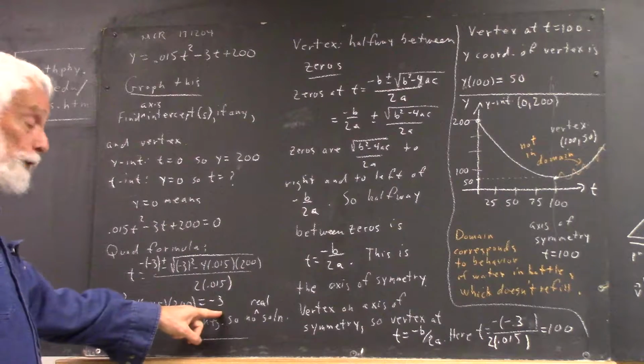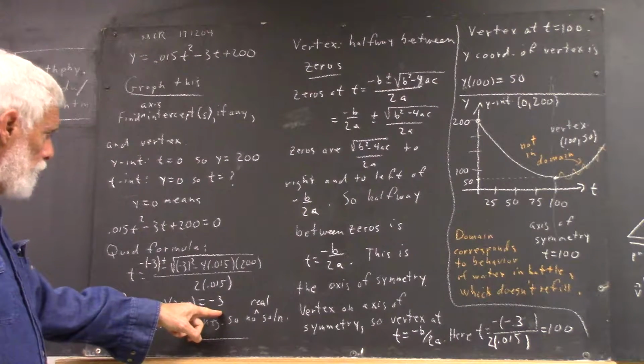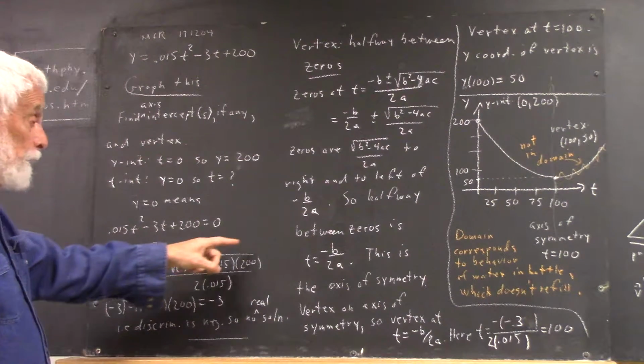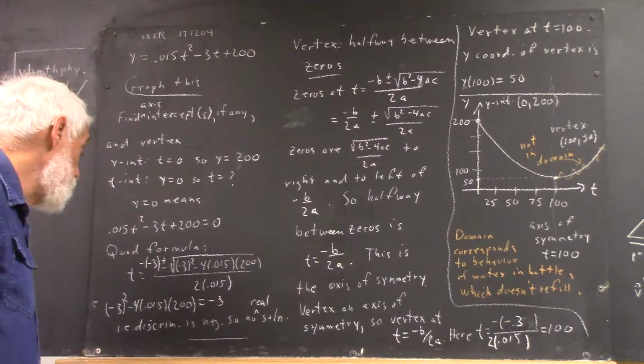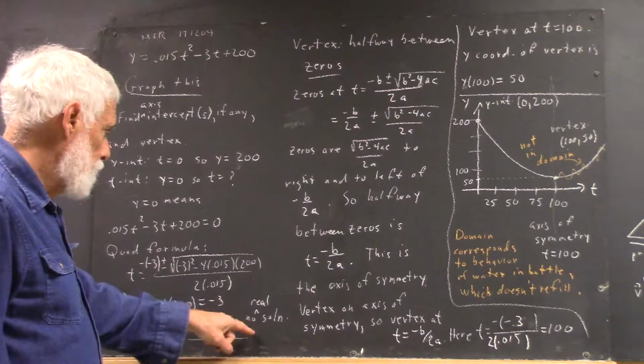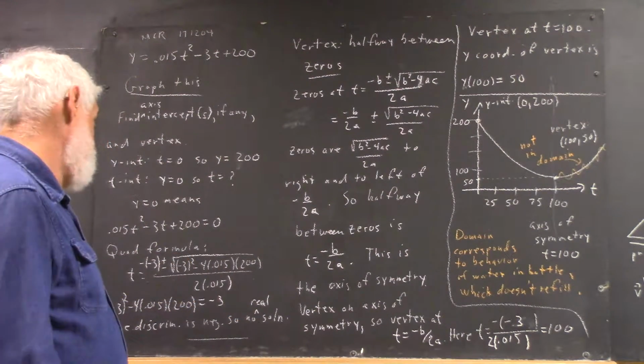This discriminant turns out to be negative, which means we don't have any real valued solutions because we can't take the square root of a negative. It's undefined. Okay, so our discriminant tells us that there are no real solutions.